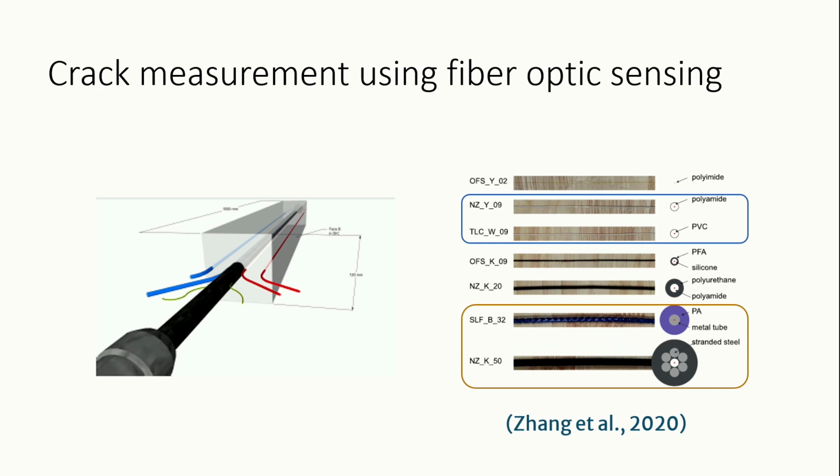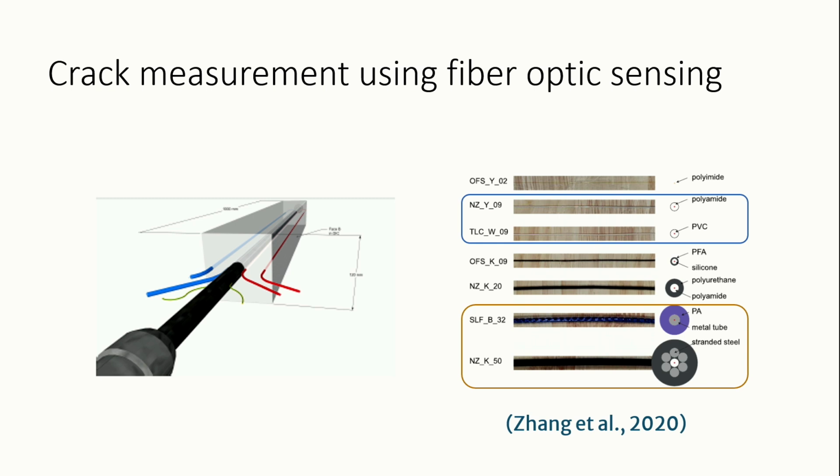The advantage of optical frequency domain reflectometry is that it offers this exceptional spatial resolution. So it's very useful to measure, for example, local behavior such as cracks in concrete.